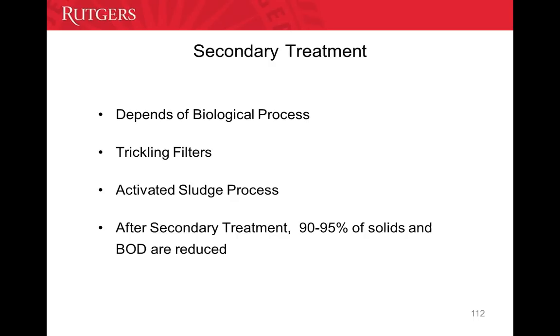We go on to secondary treatment, where we filter and use activated sludge, and we try to further reduce the solids and further reduce the biochemical oxygen demand. In other words, we want to get the organic matter out and clean up the water, take out the solids, and remove the organic material.